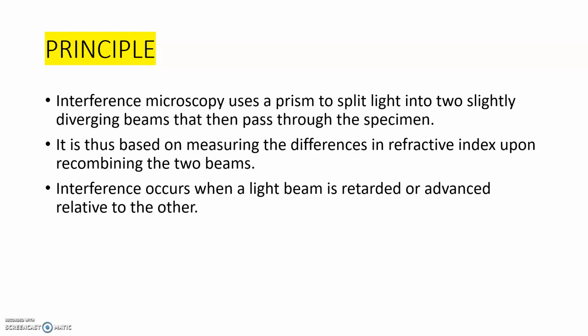Next is the principle. Interference microscopy uses a prism. So what is the principle? A prism is used, and when the light passes through this prism, it splits the light into two slightly diverging beams.